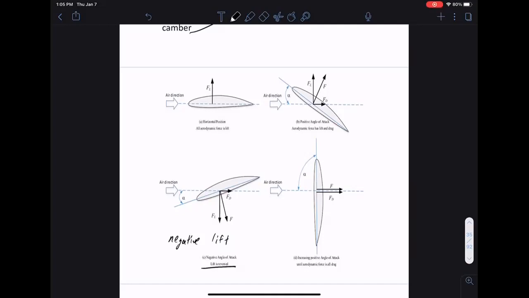And then you can turn your airfoil in such a way that all the force goes into the drag. By turning this angle, everything's possible. So angle of attack does not have to be positive.